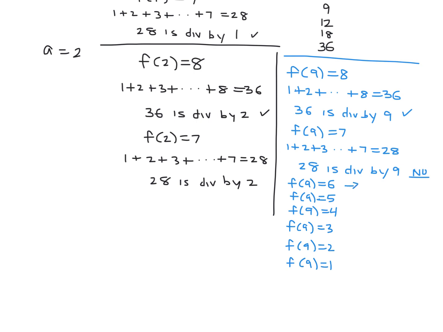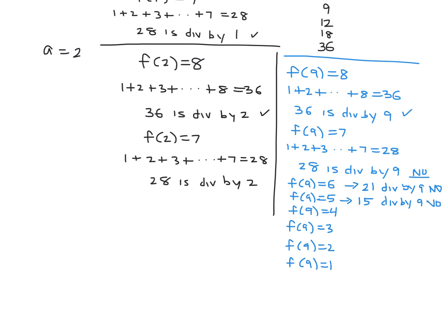Well, if f at 9 is equal to 6, that means that 1 plus 2 plus 3 plus 4 plus 5 plus 6 is divisible by 9. That sum is 21. 21 divisible by 9? No. And then similarly, this sum, 1 plus 2 plus 3 plus 4 plus 5, would have to be divisible by 9. Is 15 divisible by 9?